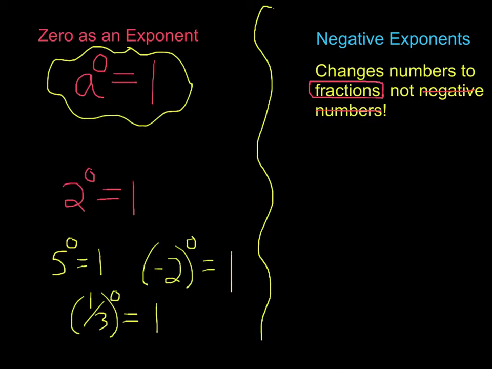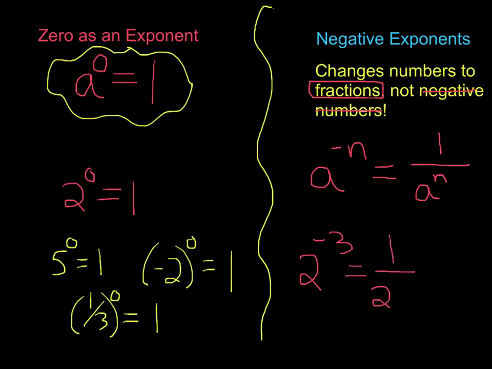So the rule is, anytime you have a number and you raise it to the power of a negative exponent, you always do 1 over and then take the same number but to its positive version of that exponent. So for example, when we had 2 to the power of negative 3, it really is 1 over 2 to the power of positive 3, which is why we got 1/8.